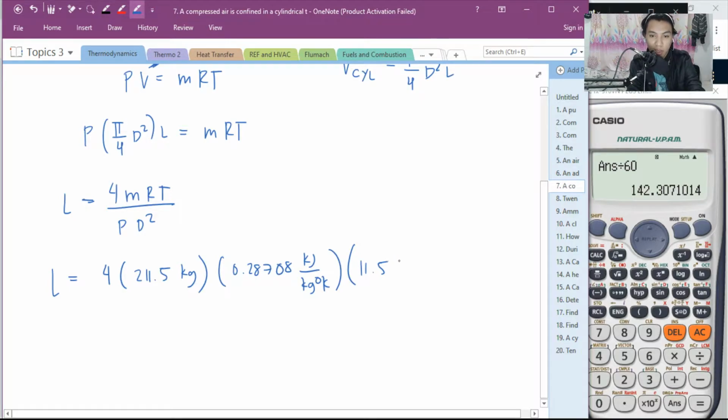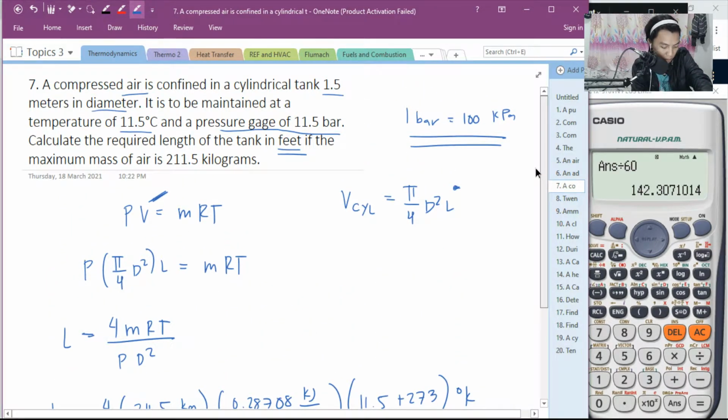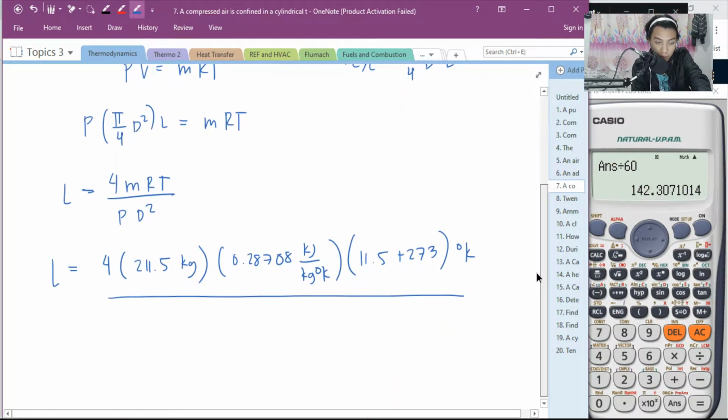Plus 273 kagad. Divided by the pressure. Ilan bars yan? Naka-gauge yan. Okay, pag naka-gauge, lalagyan mo ng plus, di ba? Okay, naka-gauge siya.